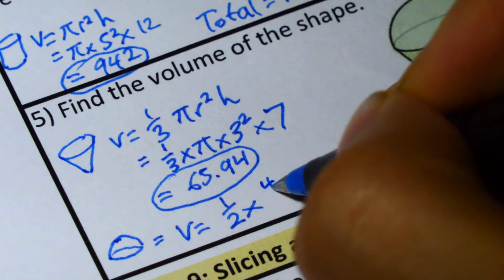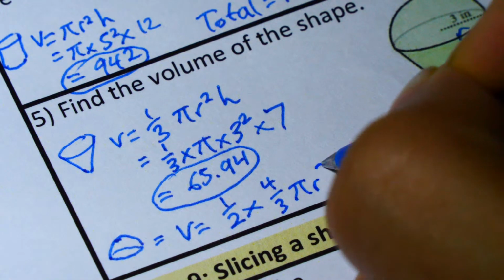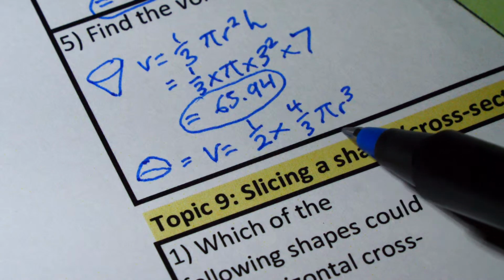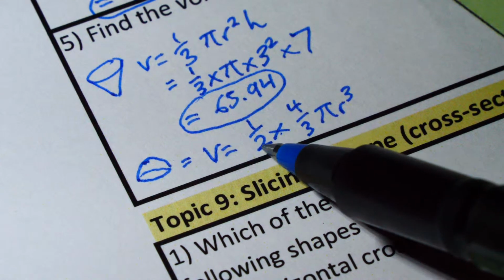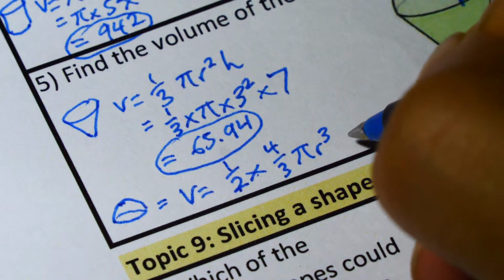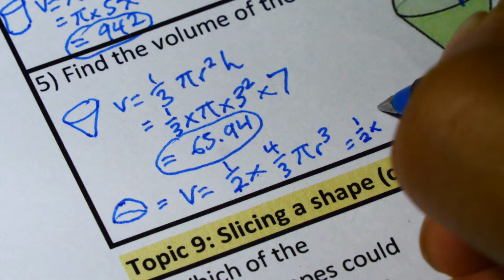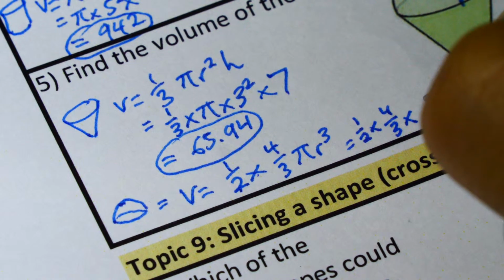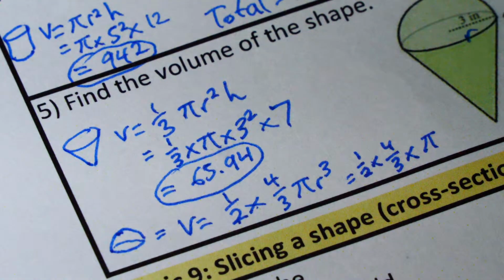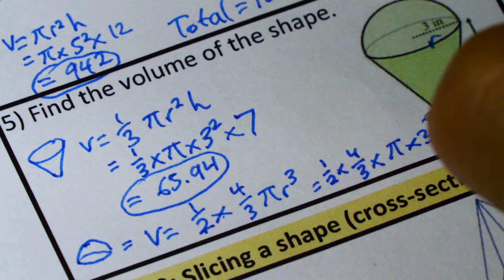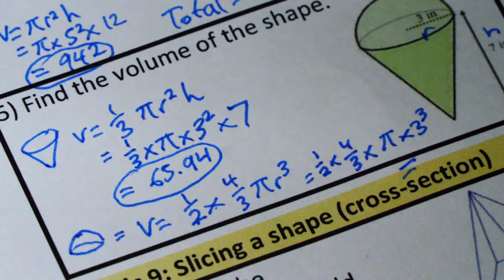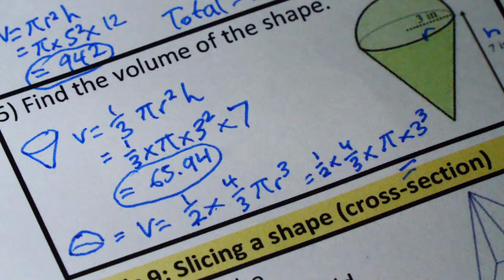This is the volume for a full sphere, but we have to times by half because it's half a sphere. So half times 4/3 times pi times r cubed. R is 3, so times 3 cubed equals 18.84.